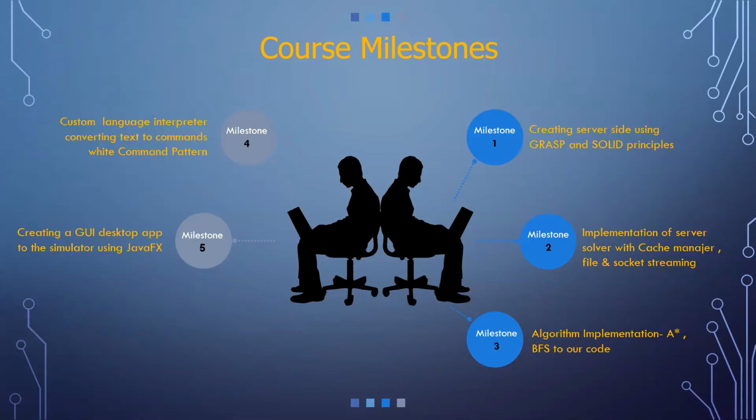Milestone number 3 is algorithm implementation like A-star and BFS. Milestone number 4 is a custom language interpreter converting text to commands with a command pattern. And milestone number 5 is creating a GUI desktop app for the simulator using JavaFX.